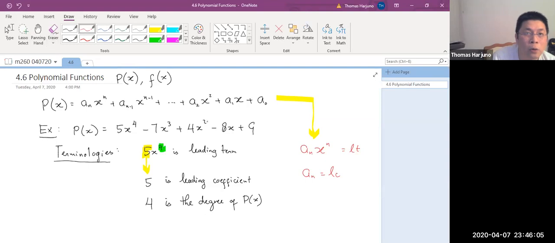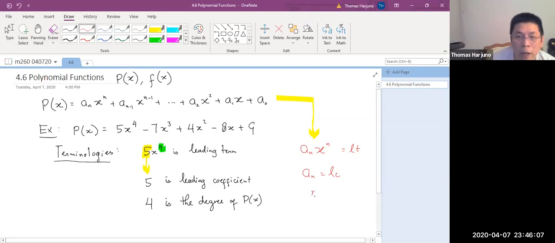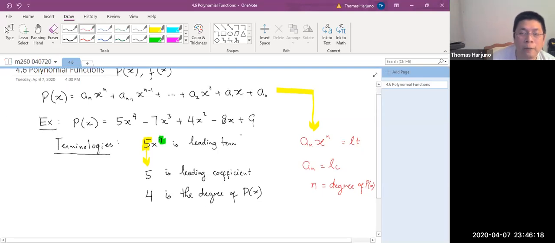Okay, so going back to our general case, n will be the degree of the polynomial p. Now a sub 0 is the constant.